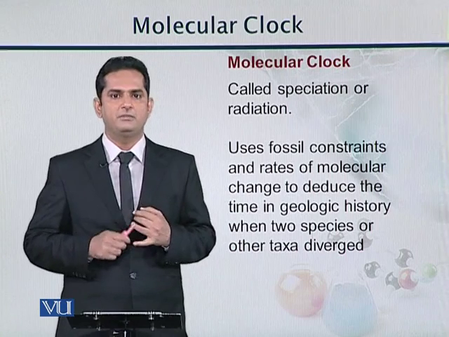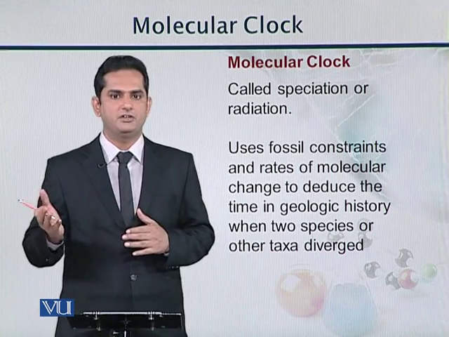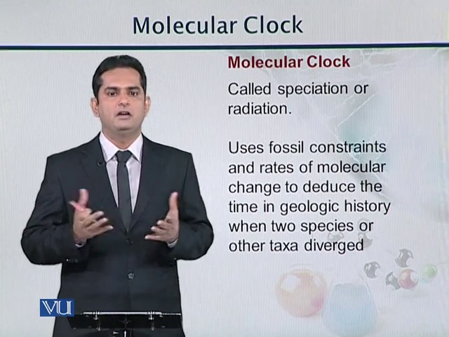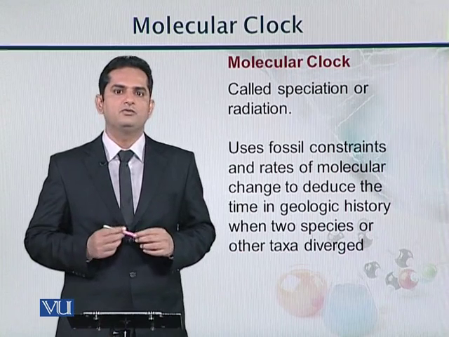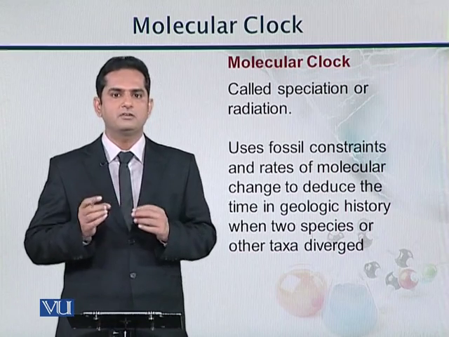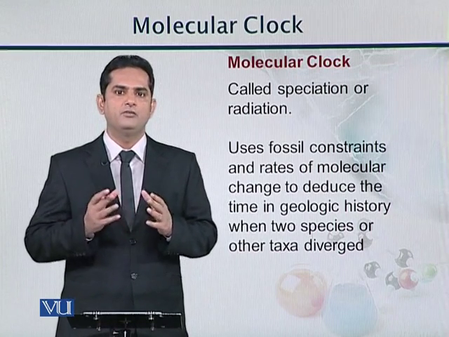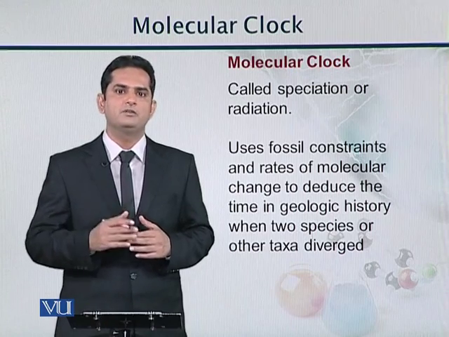There are two parts: speciation and radiation. Speciation is directly related to change in species information. So what is the usefulness? Using the molecular clock, along with fossil constraints or fossil information, we can deduce the time of change from one species or organism to another.